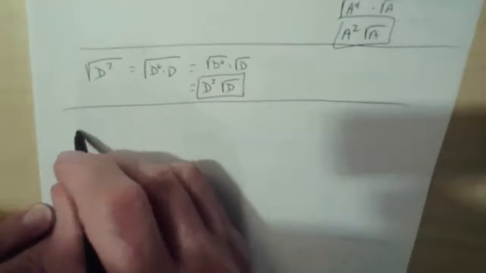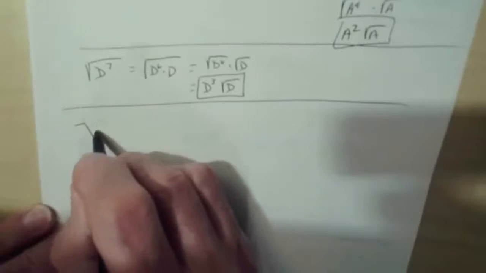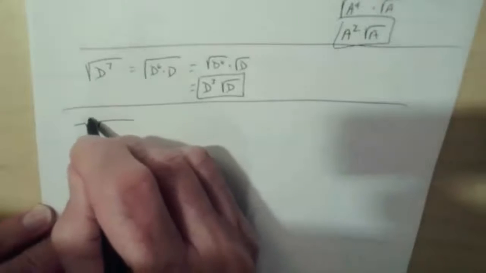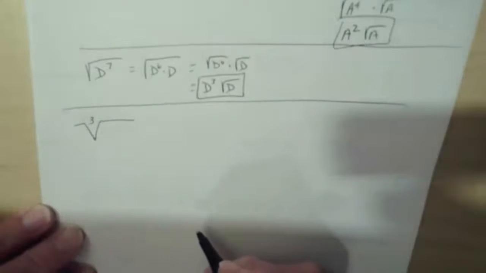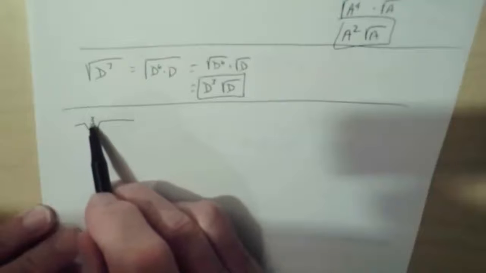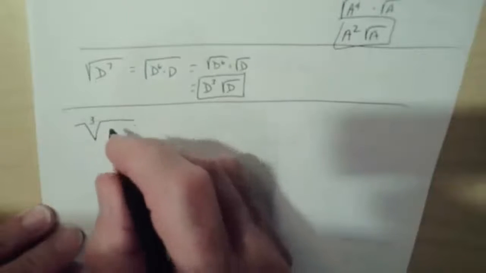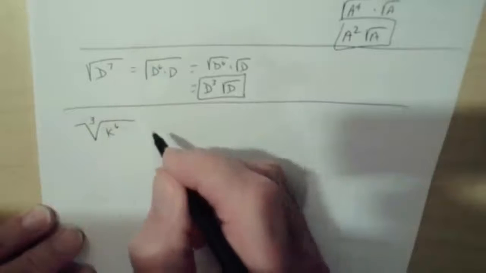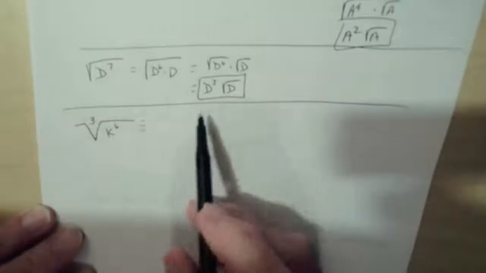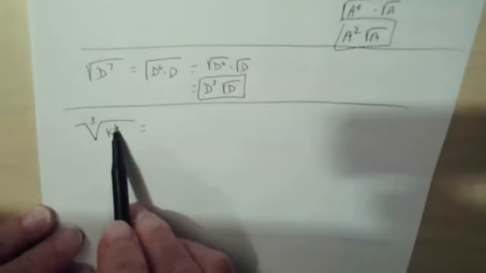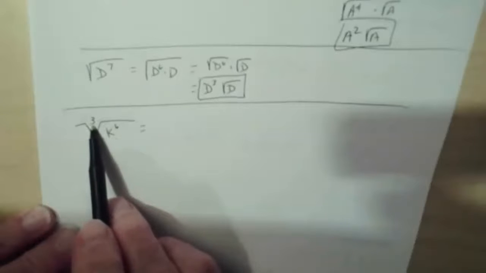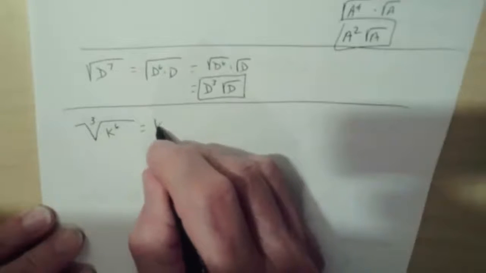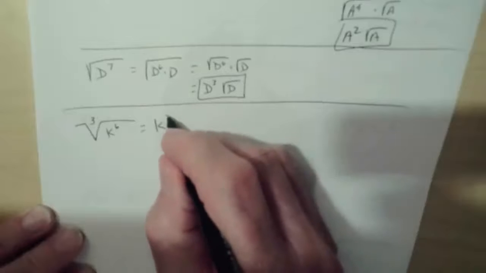Okay, now what if you have this? This is called the cube root. There's a 3 as the index into k to the 6th. Same process here. We're going to divide the 6 by the index 3, and we get k to the, what is it, squared?